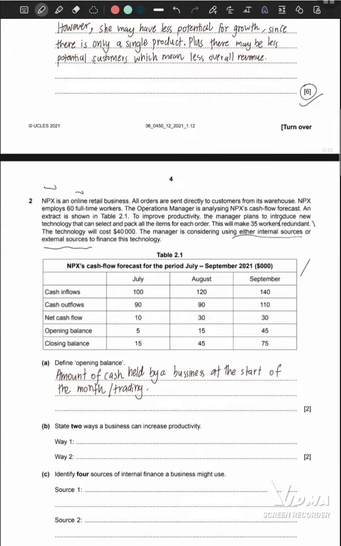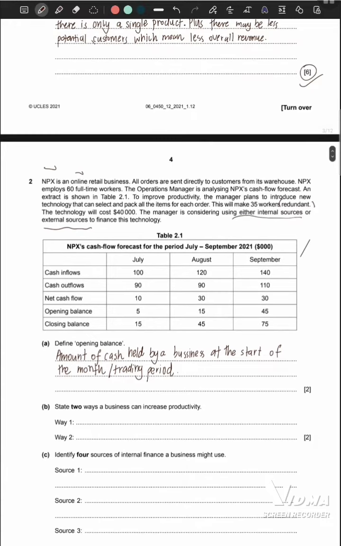Because not all businesses start at the same time, so whatever period this business has. All right, so this is 2 marks. You will only get 1 mark if you say only the cash that a business has.